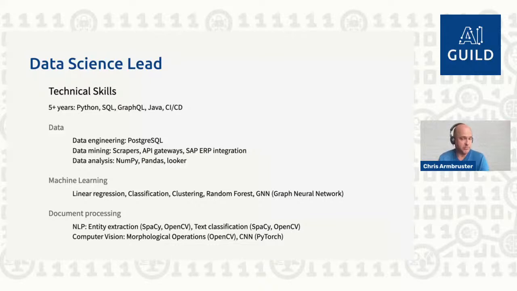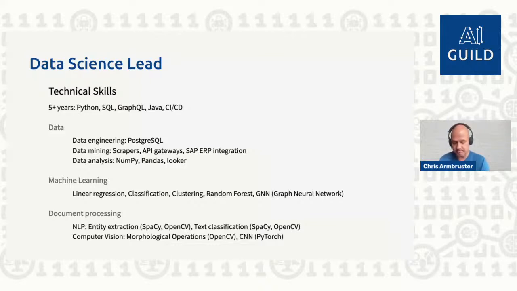Also because you would expect a data science lead obviously to be fluent in Python, but also already to have a particular specialization. So see here, GraphQL. And then, of course, to be familiar and have experience with CI/CD. So the point here with the technical skills right at the top is to say, I can do this, I have done this, I have done this many times.